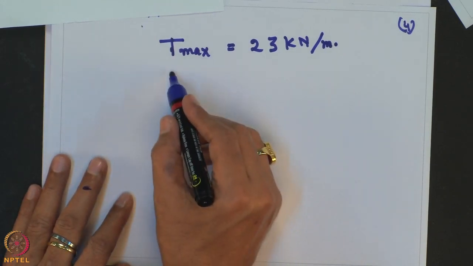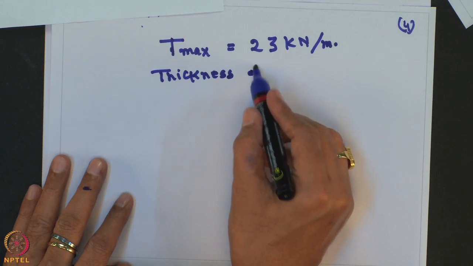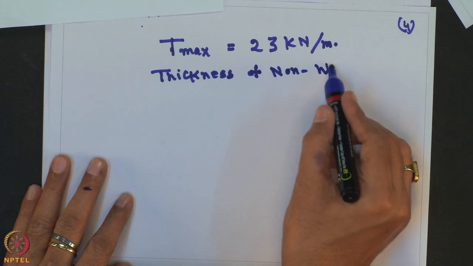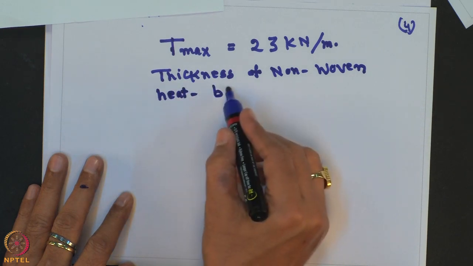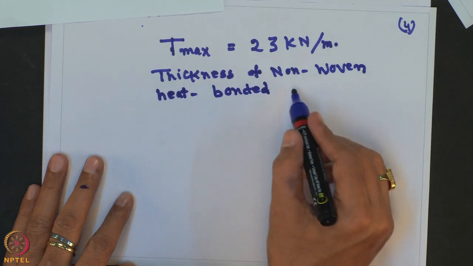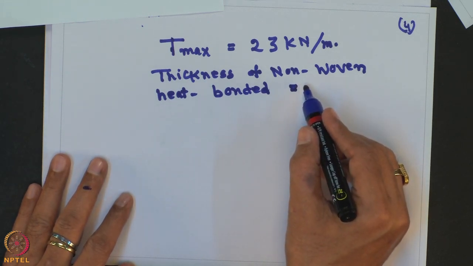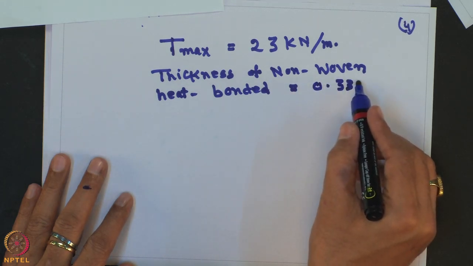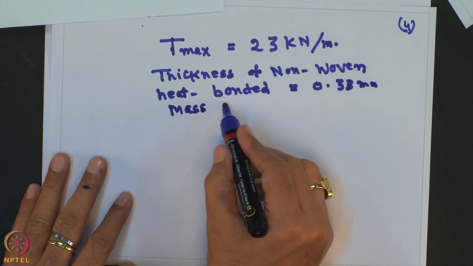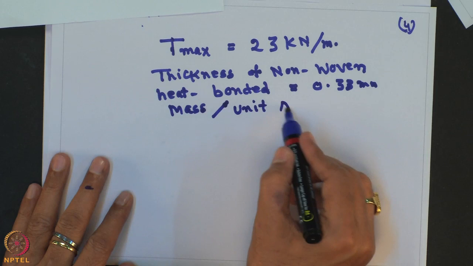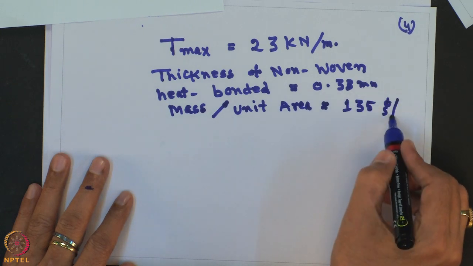And we know the thickness of the non-woven heat bonded geotextile material is about 0.33 millimeter, and the mass per unit area is 135 gram per meter square.